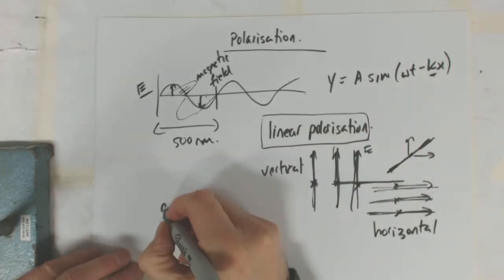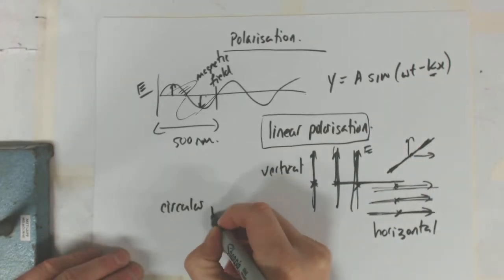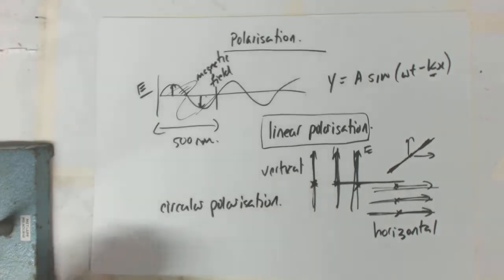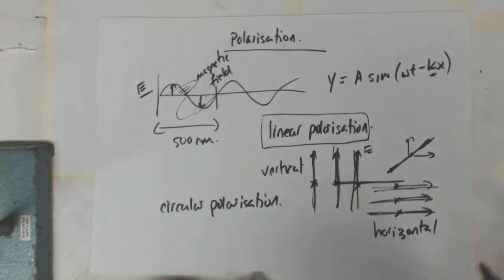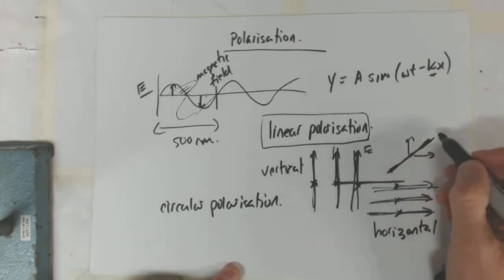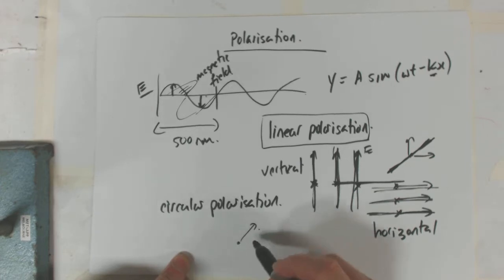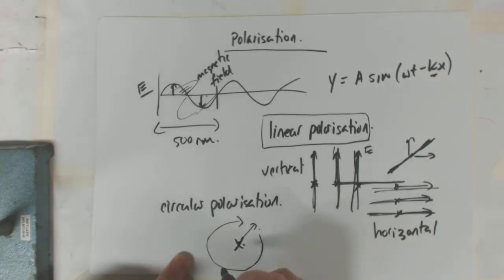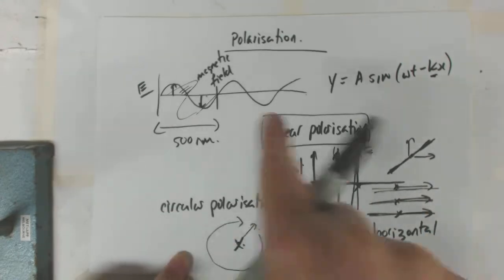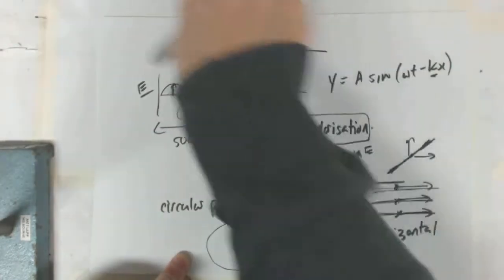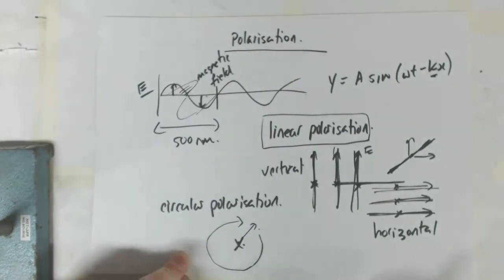But then we've got something called circular polarization. That's where, believe it or not, the actual electric field direction vector is rotating. So you might have it in that direction, and it's rotating as the wave travels. Now obviously it can rotate clockwise or anti-clockwise as it goes into the page.